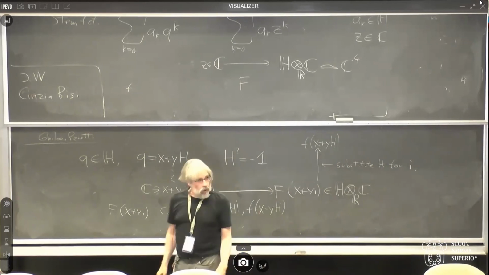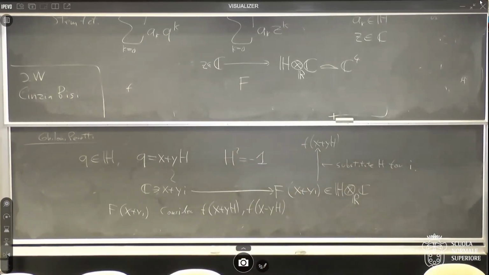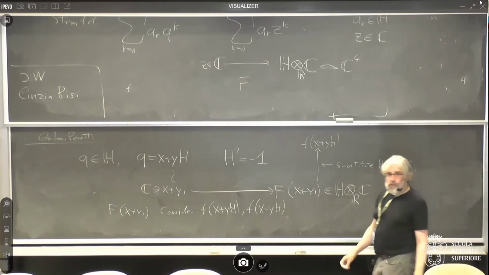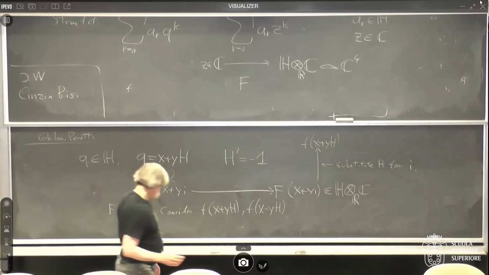And the property about the stem function is that there must exist some complex number, we cannot expect here that it is 0. What we do need here is that it is contained in a certain subset, in a certain quadric.